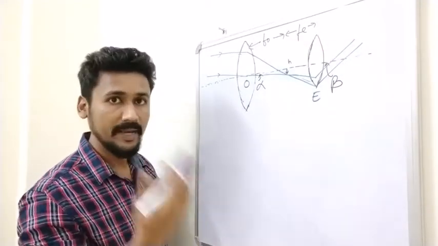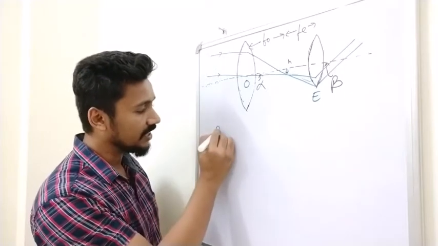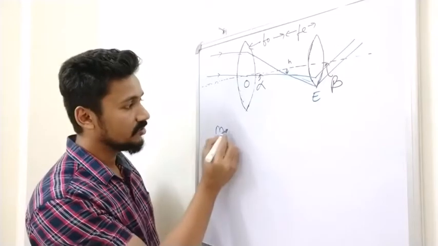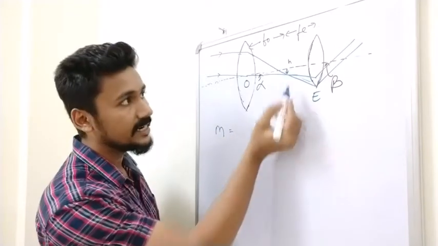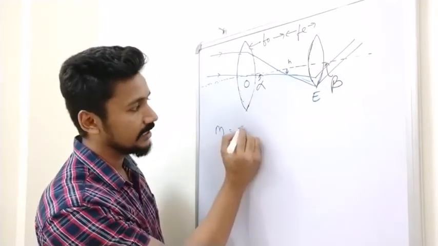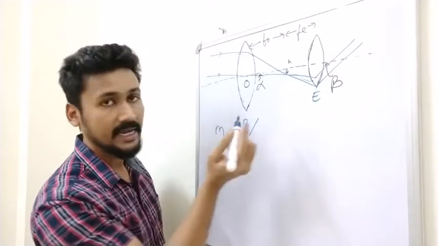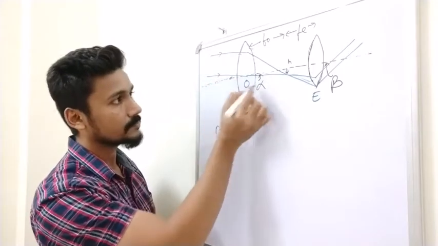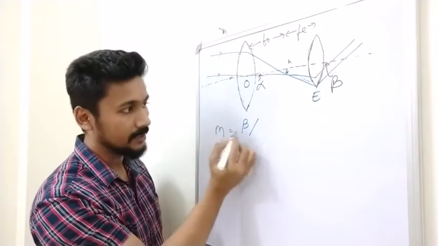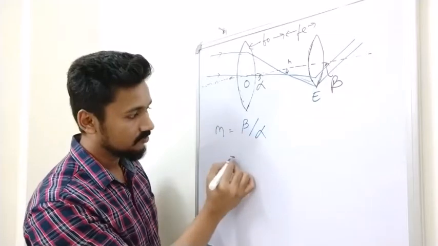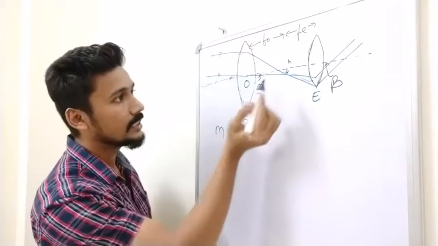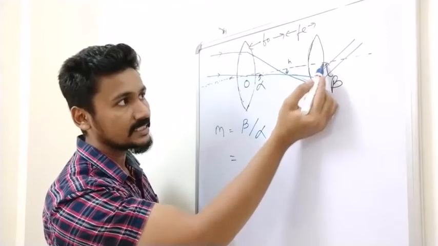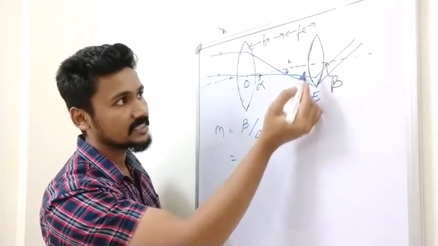Now how much will be the magnification, right? The magnification that we will get in the case of telescope will be an angular magnification, which will be equal to angle subtended by the image, which is beta, this angle here, beta divided by angle subtended by the object, that is alpha, this angle, correct? So magnification will be beta upon alpha, which will be equal to, now how much is beta? Beta will be again, tan of beta you can take as h, opposite upon adjacent.